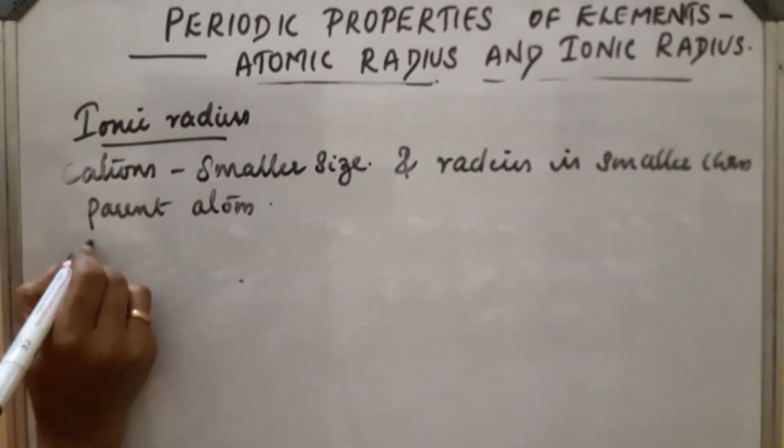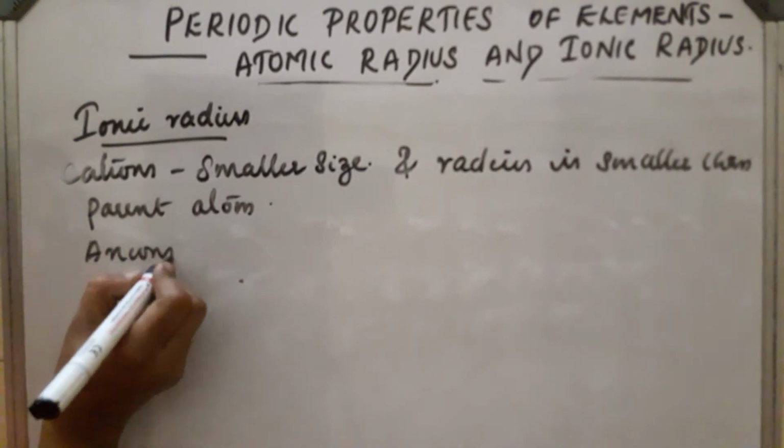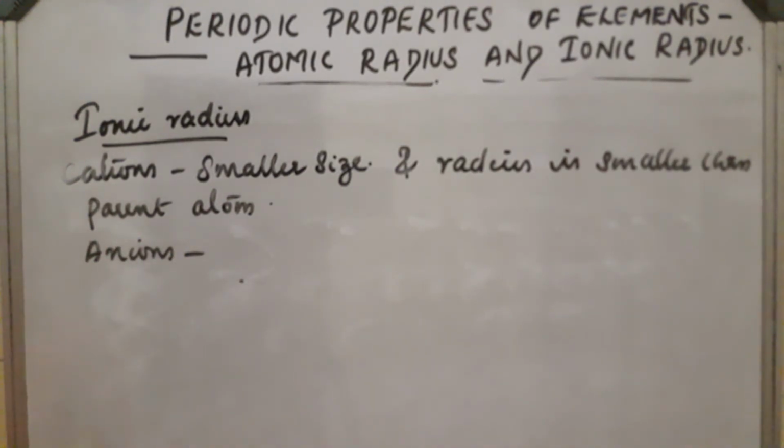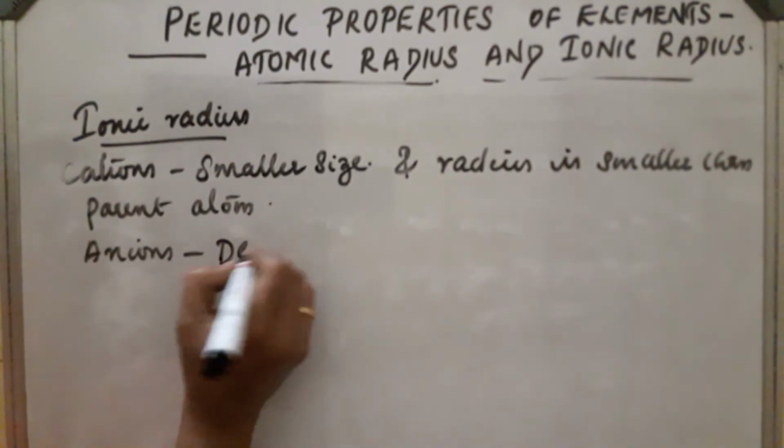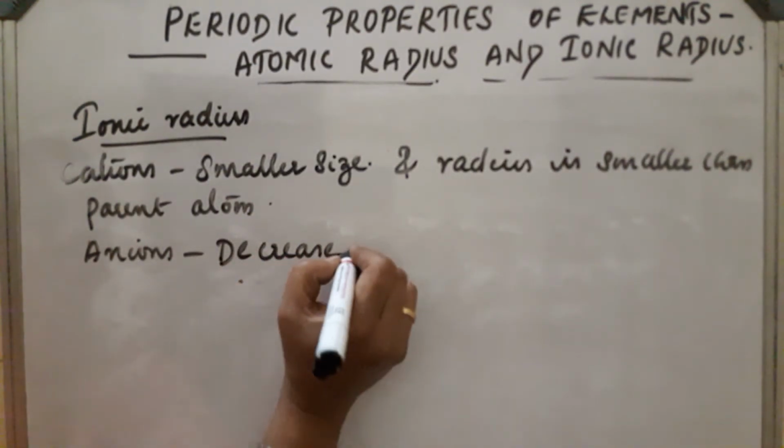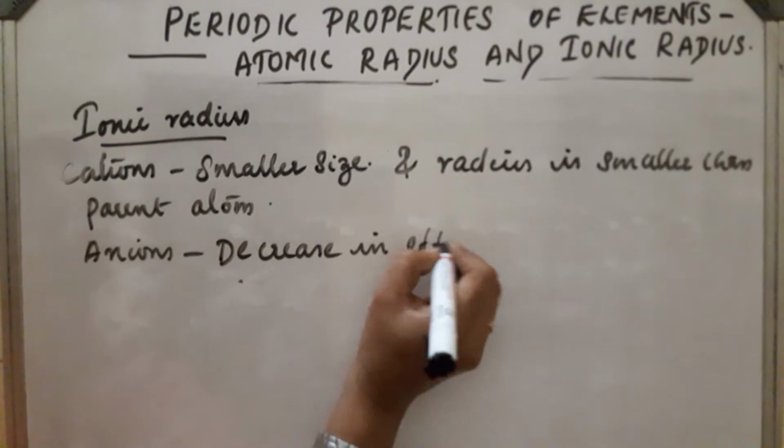Next, in the case of anions, anions are obtained by the addition of electrons. So the size, or ionic radius, increases. This is because with the addition of electrons, there is a decrease in the effective nuclear charge.